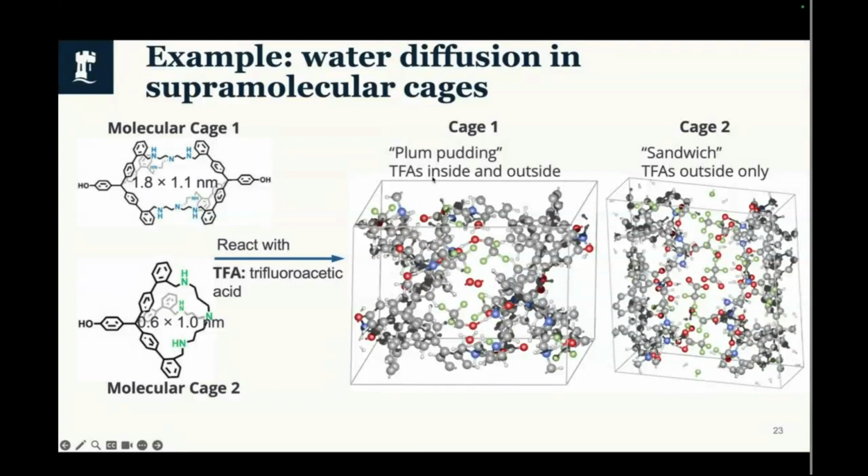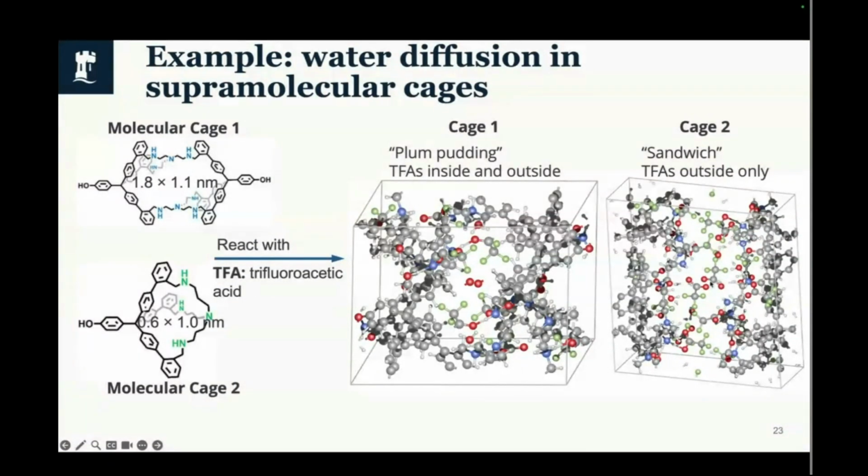One is more like a plum pudding structure where the TFA anions are located inside the pores and outside, and is scattered everywhere inside the supramolecular cage.